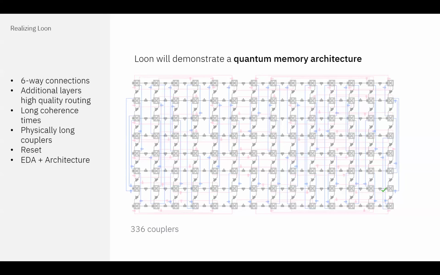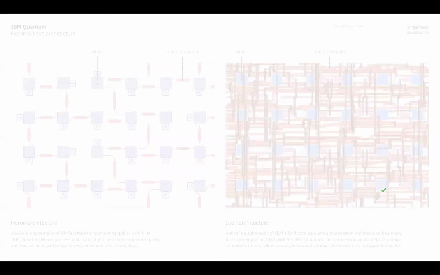So it will be 6-way connections, 6-way coupling, additional layers of high-quality routing, long coherence times, long couplers, resetting qubits without disrupting the neighbors, and also for all of the components, the tool will show how you can connect those systems and also how you can use the system compared to the previous versions. So I will show you how the previous version looks.